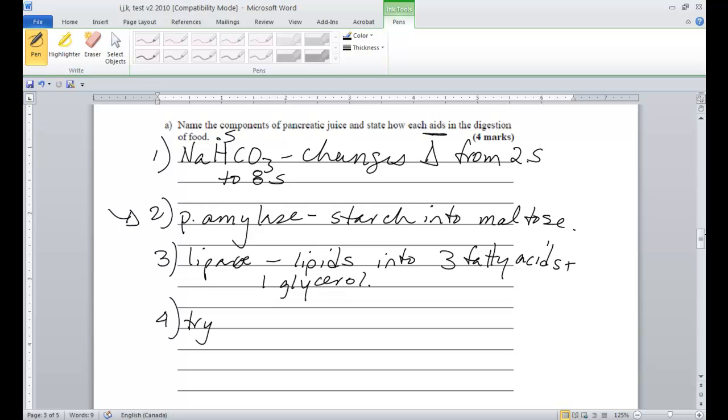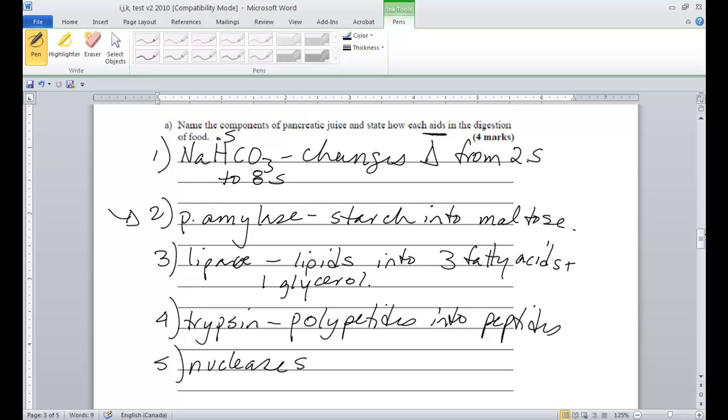4, trypsin, and again, breaks polypeptides into peptides. The last possibility would be our nucleases, taking our nucleic acids and breaking them down into their subunit nucleotides.